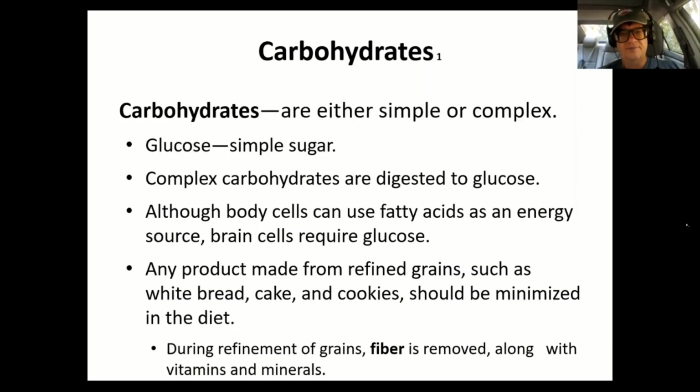So carbs, you can have simple ones, you can have complex ones. It says glucose, simple sugar, all true. A better definition would be to say mono versus poly. If it is a simple carbohydrate, a monosaccharide, that means it has one ring of carbon.